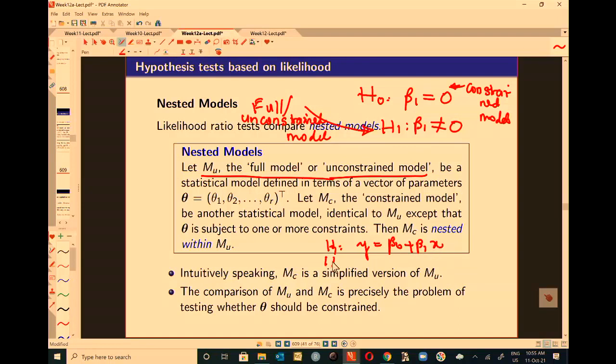And my H naught says y equals beta naught. So my H naught is nested within H1. H1 is the general model, the full model. H naught is when I drop a parameter, nested within that. So for nested models, I can use the likelihood ratio test. And of course, in this situation with a single parameter, I can also use the Wald test.